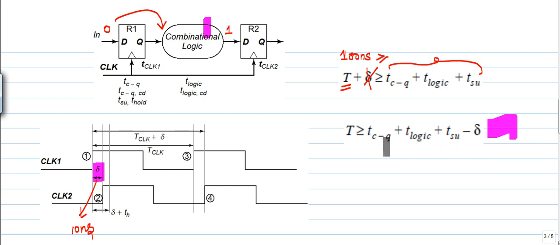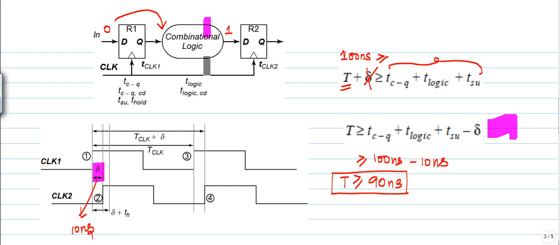The combination of TCQ, T logic and T setup time is equal to 100 nanoseconds, and the contribution by this delta is 10 nanoseconds. So therefore 100 nanoseconds minus 10 nanoseconds is approximately equal to 90 nanoseconds. Now this is the time period given to the combinational logic circuit.